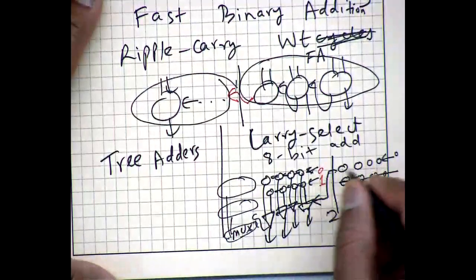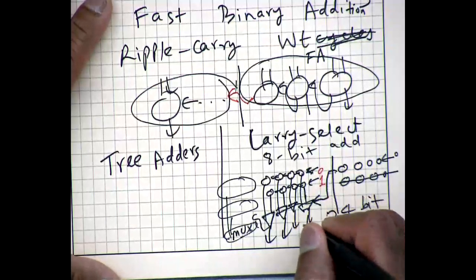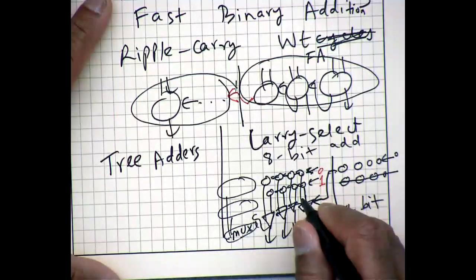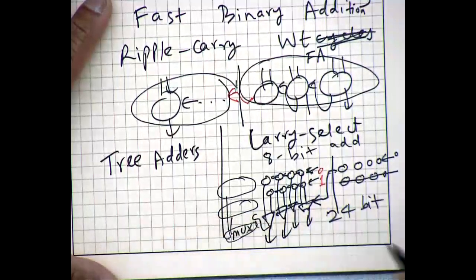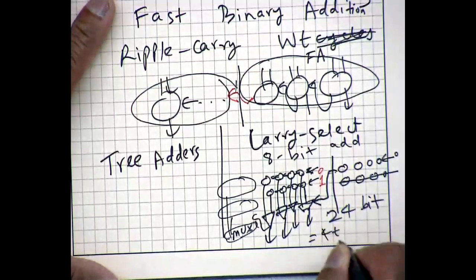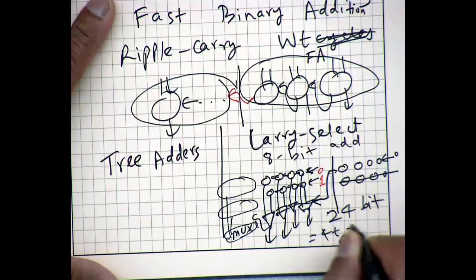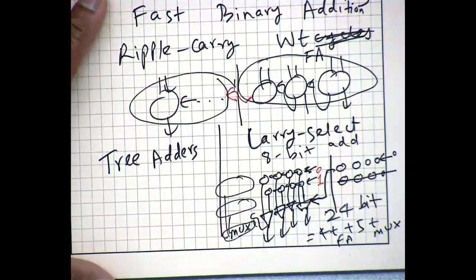Then this will introduce one more multiplexer at each block. So this will be a total of 4 full adder delays plus 5 multiplexer delays. That will be the total critical path instead of 24 full adder delays.